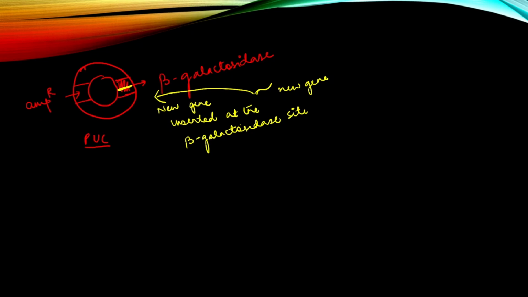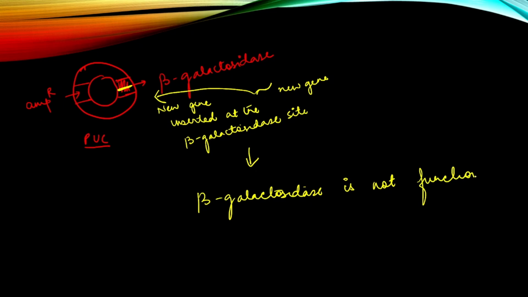Now what will happen? Once the new gene is inserted, do you think beta galactosidase is functional? Beta galactosidase is not functional because of the insertion of the new gene, right? Now how will you identify this?